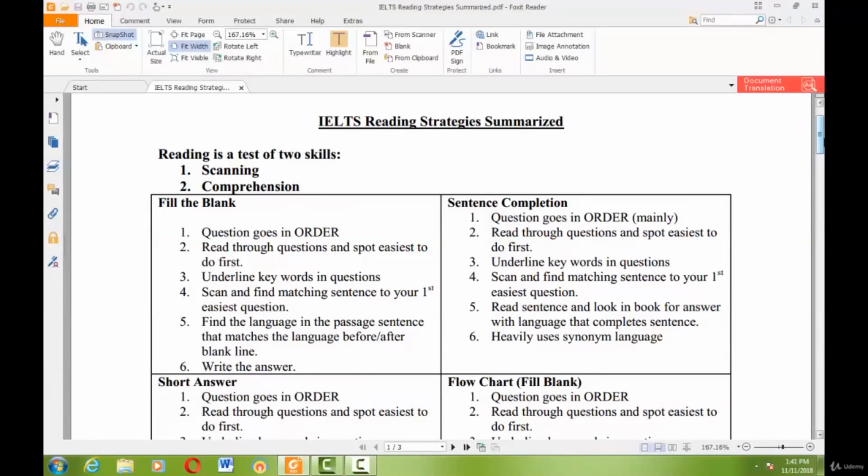You have to be able to understand synonym language, and you have to be able to scan and find the matching and correlating sentences for the different question types. So doing well on the reading section is really a combination of those two skill sets, scanning and comprehension.